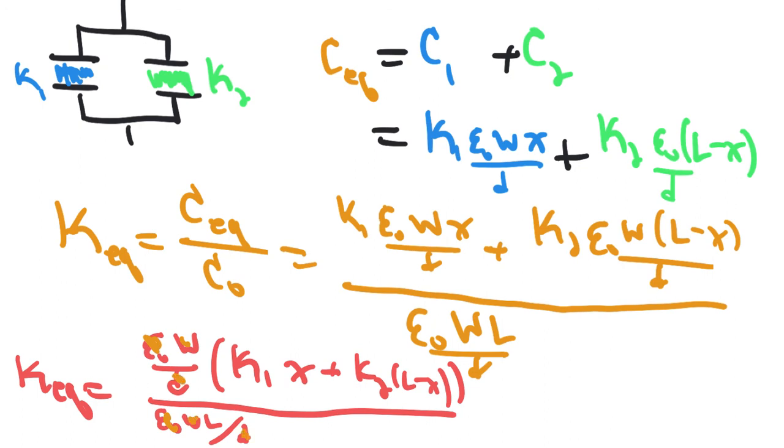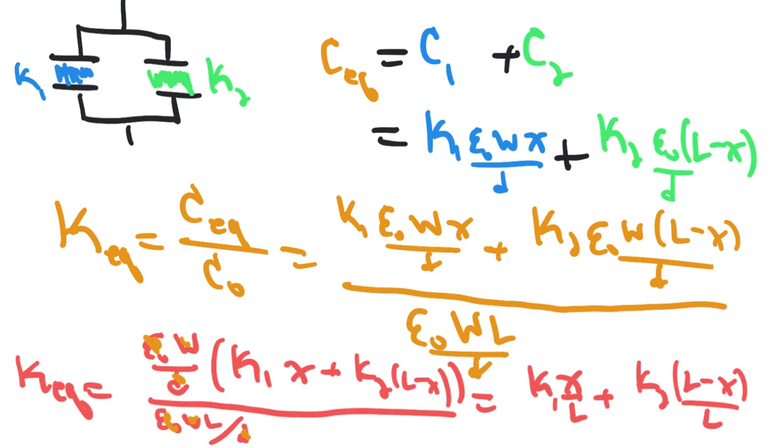And we're left with kappa 1 times x over L plus kappa 2 times L minus x over L, which, as was suggested by somebody, is basically just the weighted average of the dielectrics.